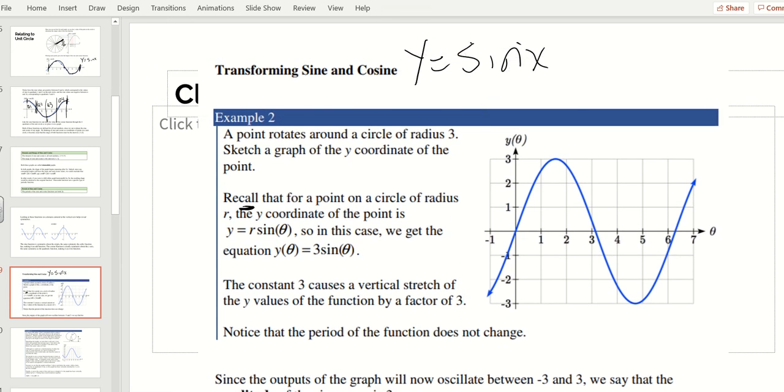As soon as I put a number in front of that, I'm changing the amplitude, and that is the distance from the x-axis to the highest and lowest point. So in this case, I have an amplitude of 3. Instead of peaking at 1, it's now going to peak at 3. Instead of being at its lowest at -1, its lowest is now -3. That's stretched by a factor of 3. And again, we say this is the amplitude.